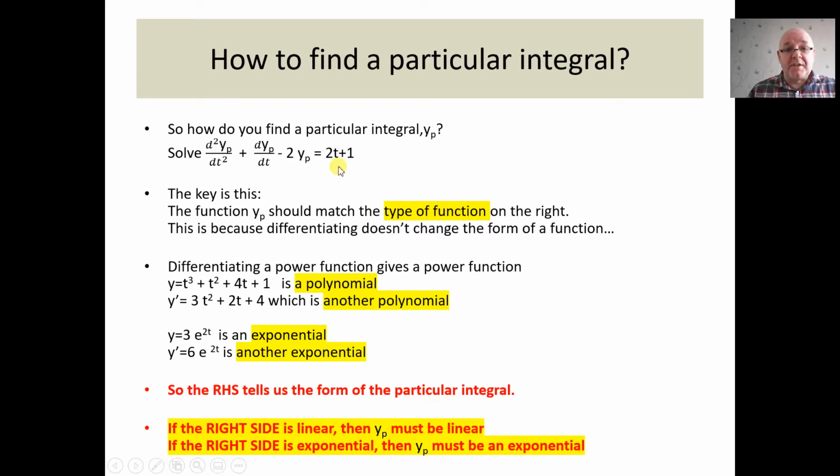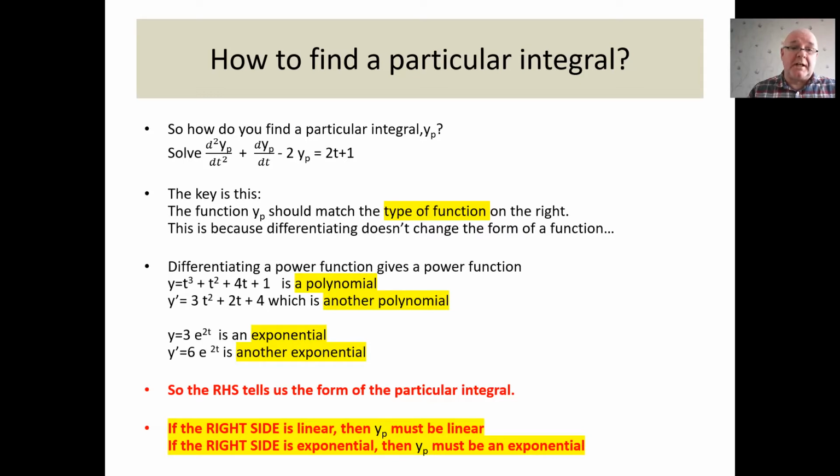Okay, so therefore what we're really saying there is, that's a long way of saying, that if the right hand side, in our case 2t plus 1, is a linear function, then we must start with a linear function as our particular integral, because if you differentiate it, it won't change the form of that.